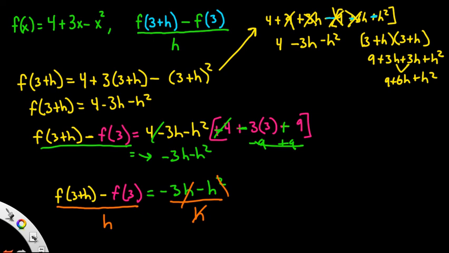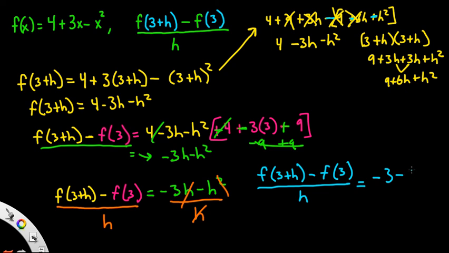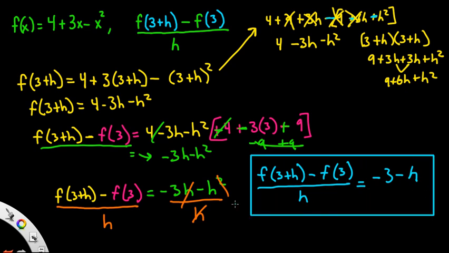And so for your final answer, how you would write it, it would be f of 3 plus h minus f of 3 all over h equals negative 3 minus h, and that's your final answer right there.